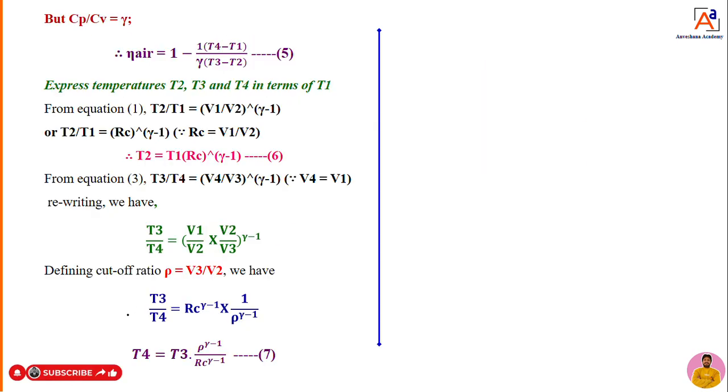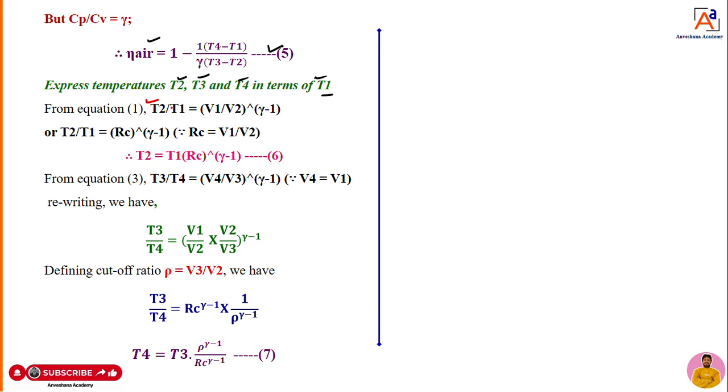How to do that, we can see step by step now. This equation I will take as equation number 5. If I want to calculate the efficiency of the diesel cycle, I should know the values of T2, T3, T4 and T1. Once you get T2, T3 and T4, you have to express them in terms of T1 for better simplification. Now I will go with the first process, adiabatic compression.